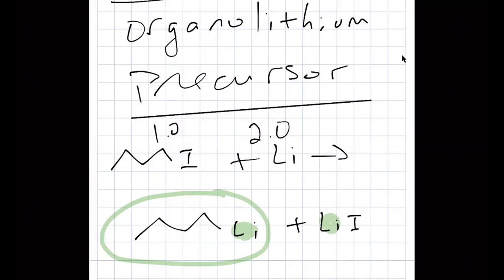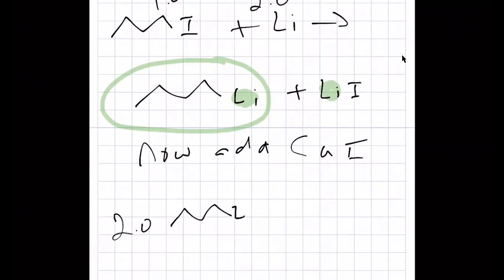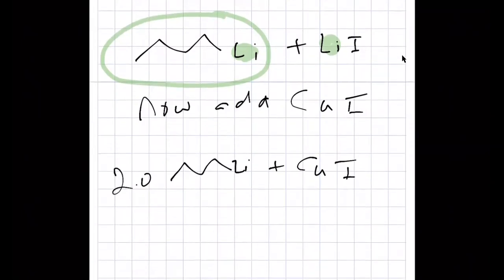All right. So once you make that, I'm going to write the reaction out. Now you're going to add copper iodide, and you're going to take 2 of your alkyl lithiums plus copper iodide. And when you react those 2 together, that's how you get a Grignard. I'm sorry, a Gilman. My bad. I want you to pay close attention to this.